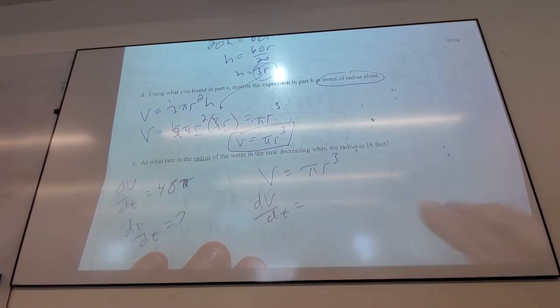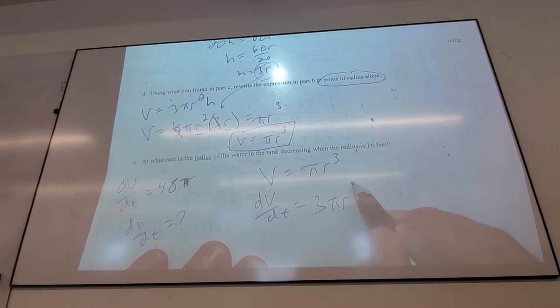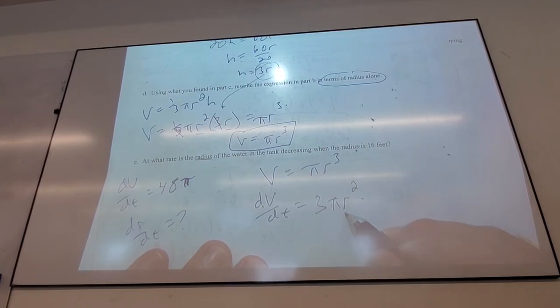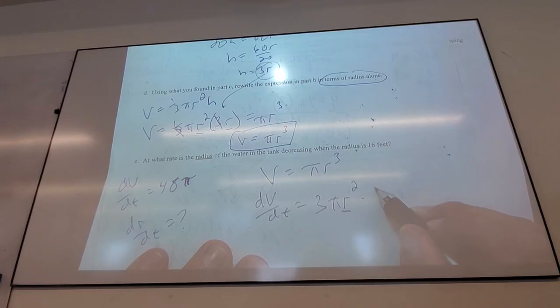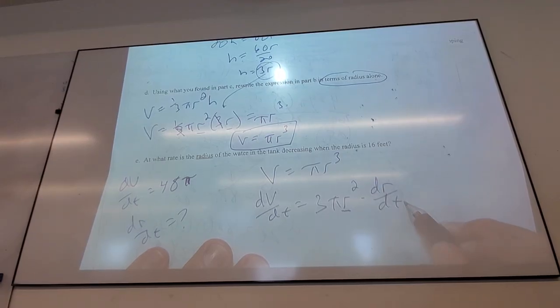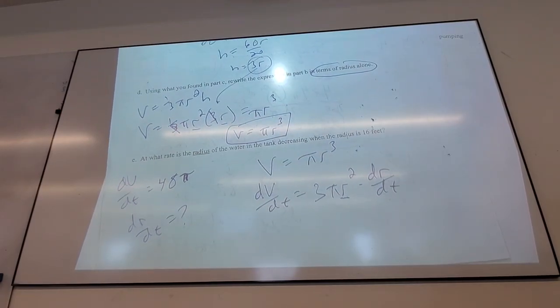What do we get over here? 3 pi r squared comes down, times pi r, dr/dt. Good old chain rule. And now we can just plug and shove.